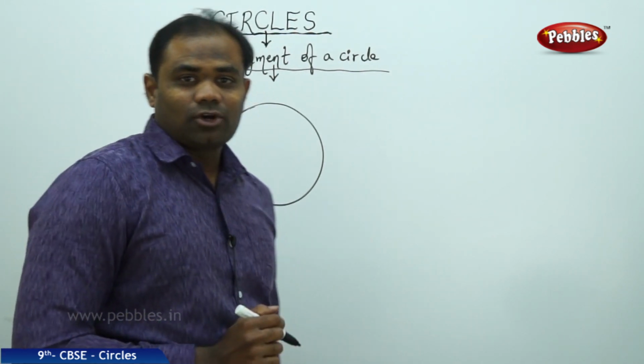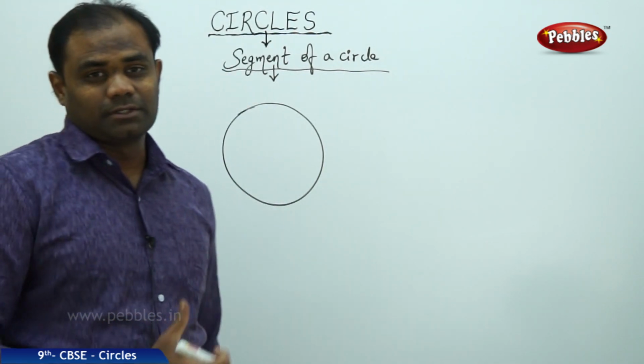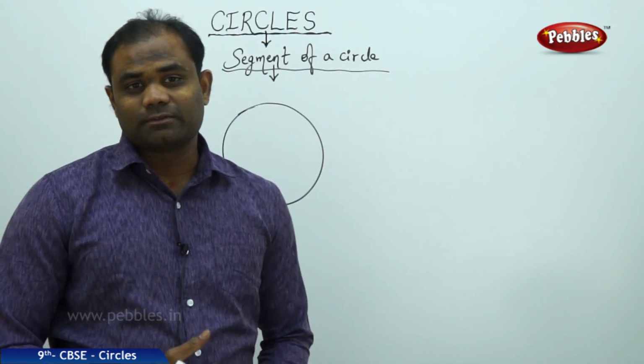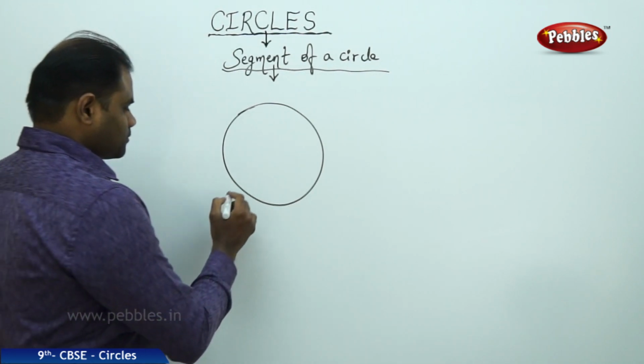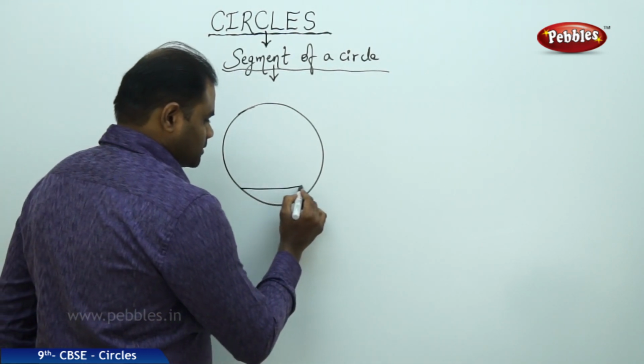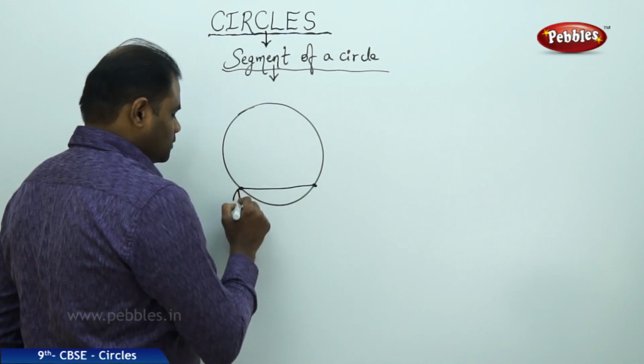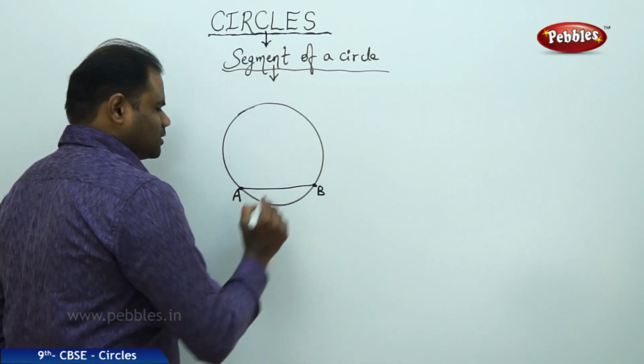Now, as we take the chord into the session, we know that a chord is a line segment joining any 2 points of the circle. So let me take the 2 points which join to make the chord. So AB is the chord for the circle.